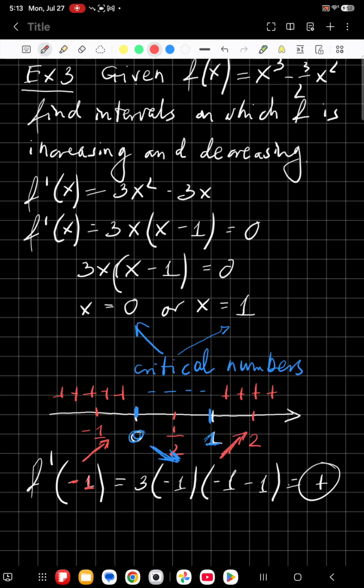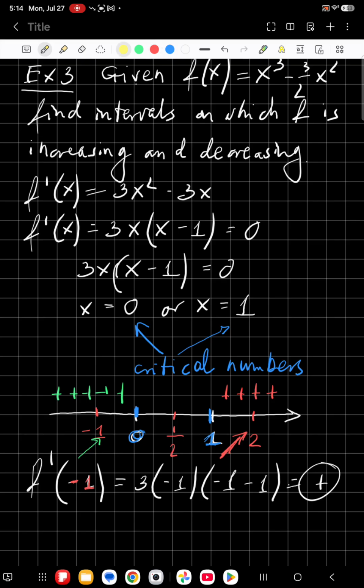Okay, so let me change those colors actually. Let's make the positive maybe green. So plus, bunch of pluses, so that's increasing. And negative, or decreasing, let's make it yellow.